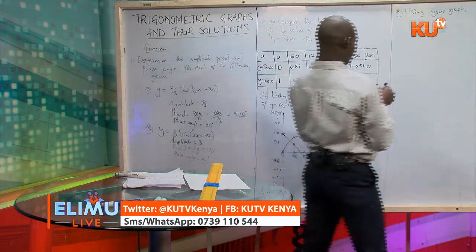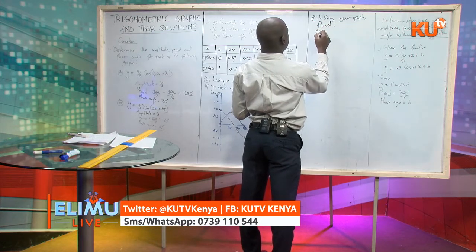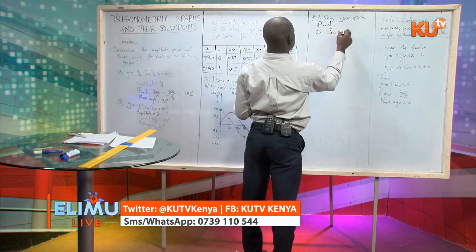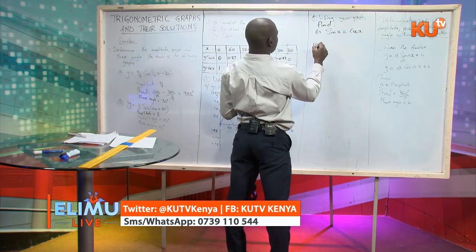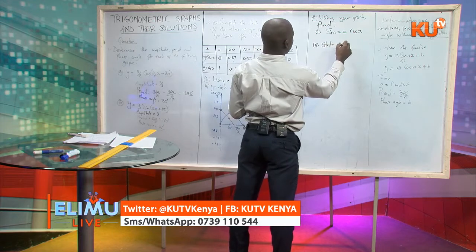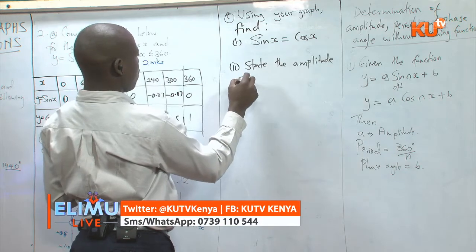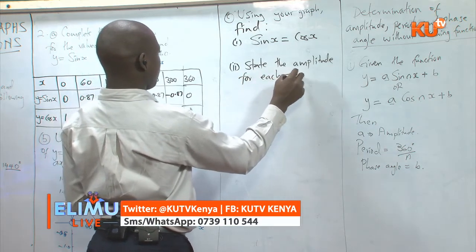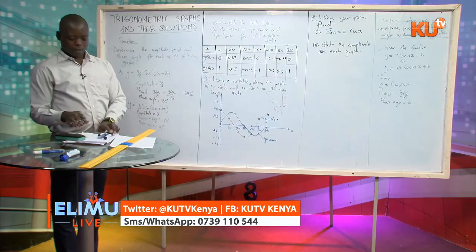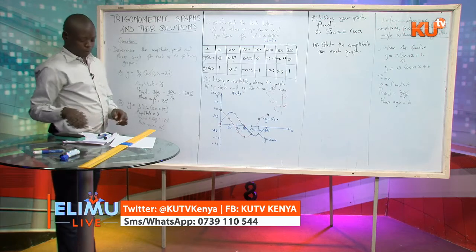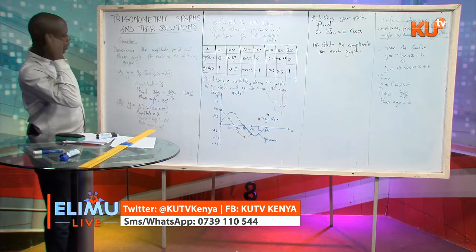So using your graph, find number 1, sine x is equals to cos x. And number 2, state the amplitude for each graph. So in this line, we use our graph.